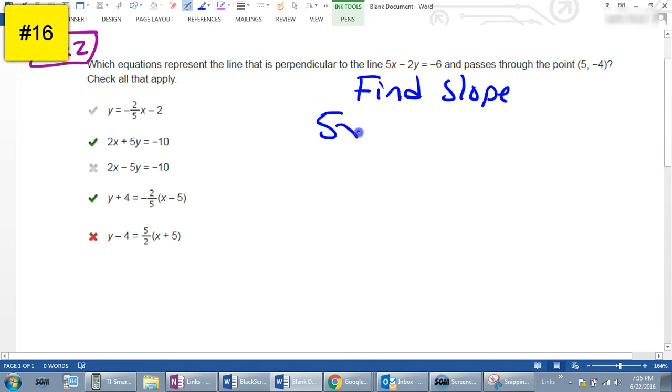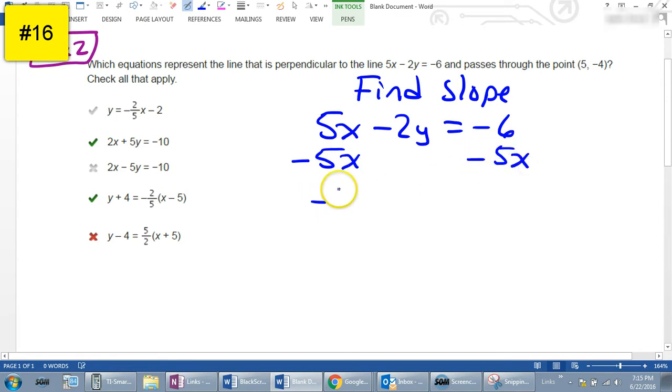So I've got 5x minus 2y is equal to negative 6. I'm going to solve this for y. So I would subtract 5x from both sides. So that will give me negative 2y is equal to negative 5x minus 6.